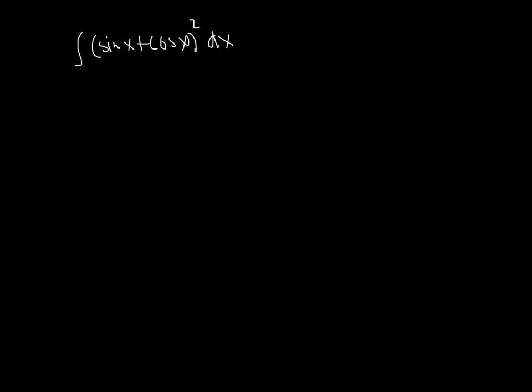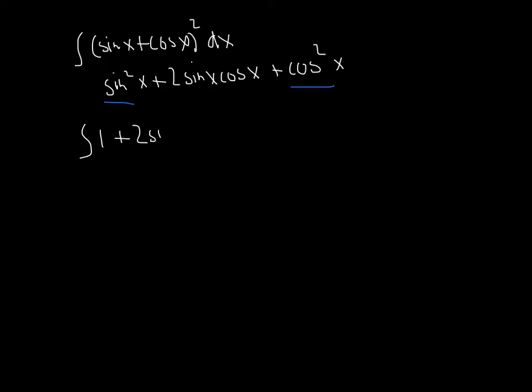So if you FOIL it, you're going to get sine squared of x plus 2 sine x cosine x plus cosine squared of x. All right, and we remember from pre-cal, from trig, that sine squared plus cosine squared is simply 1. So this is going to be the integral of 1 plus 2 sine x cosine x dx.